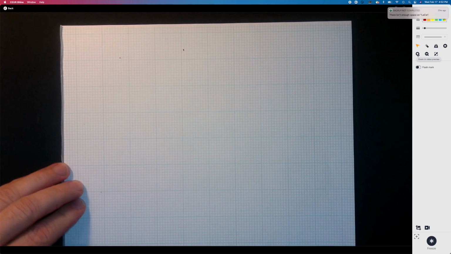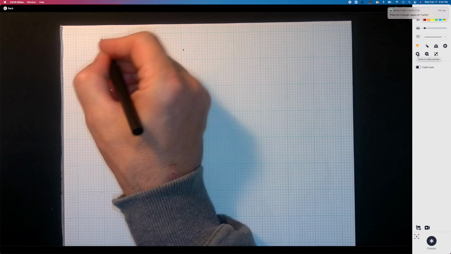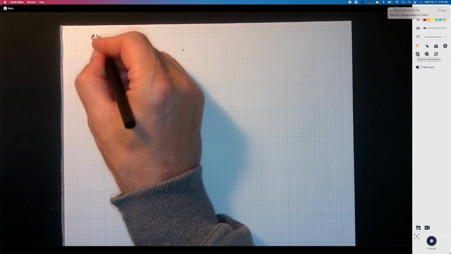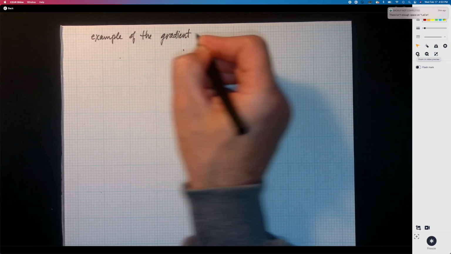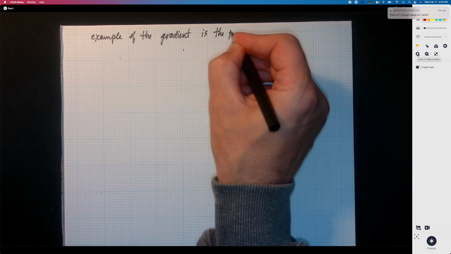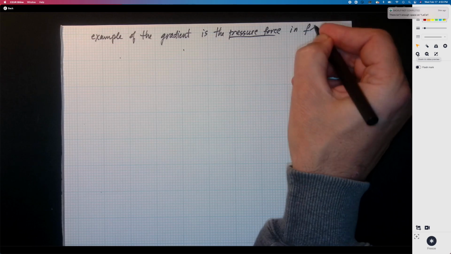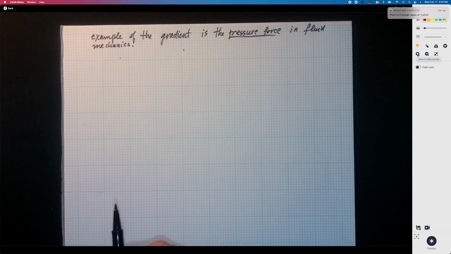An important example of the gradient in fluid mechanics is the pressure force, which points down gradient from high pressure to low pressure.